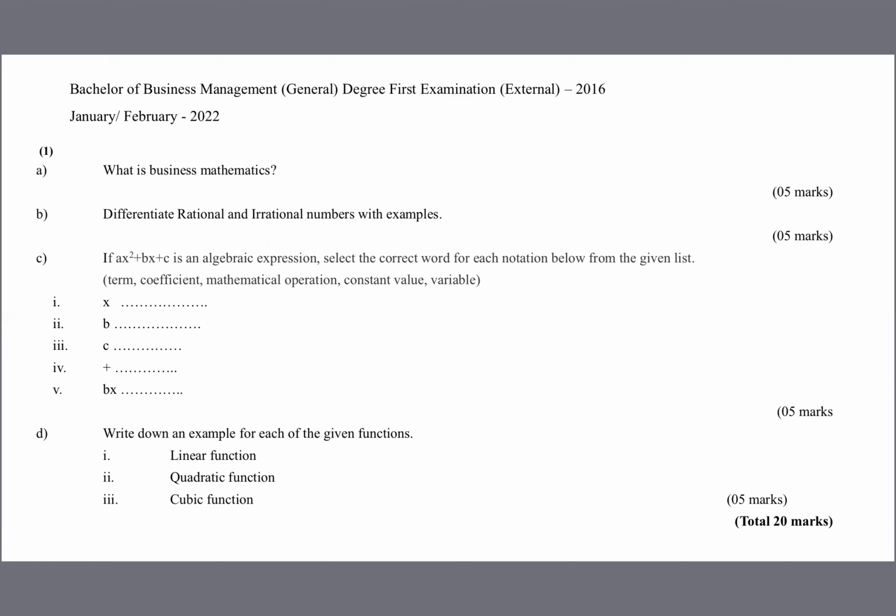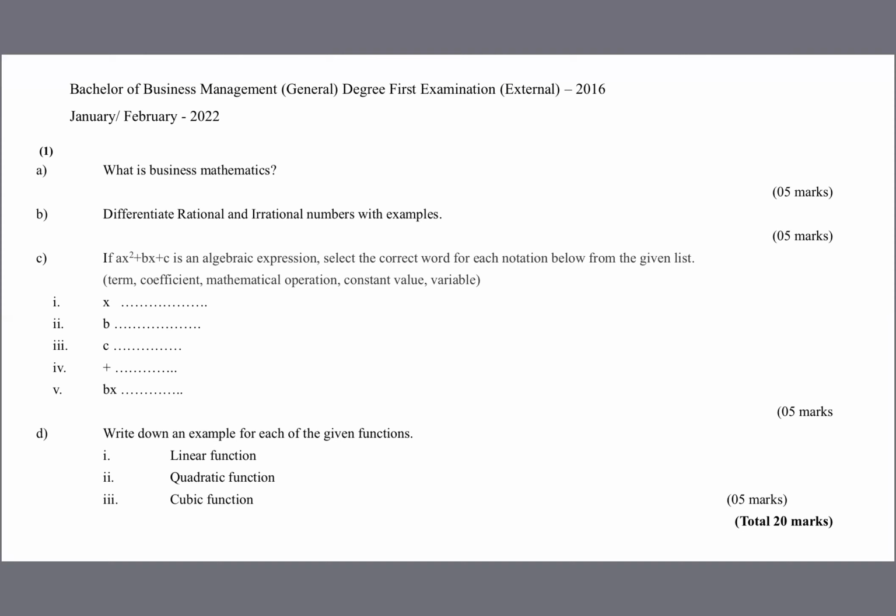If you have this type of section, just check the allocated marks, because based on that you can think how far you have to describe. That means a very brief answer or a little brief, or more descriptive, likewise.